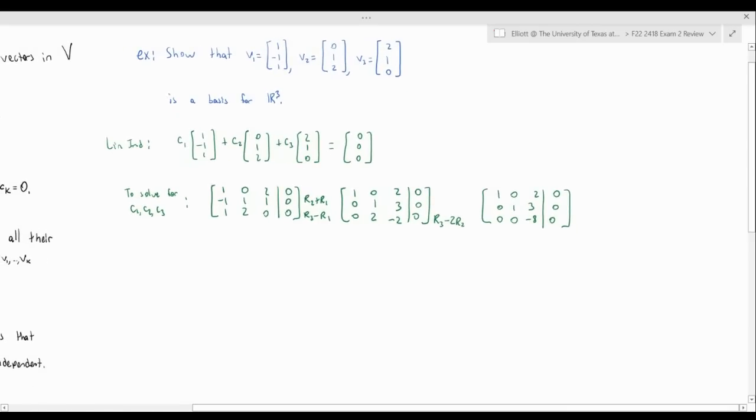And from here, if you were to write out the corresponding system of equations, you can see that C3 will be 0. You can back substitute, and you'll find that C1 and C2 are also 0. So because that was the only solution that we found, that means that these 3 vectors are linearly independent, okay?